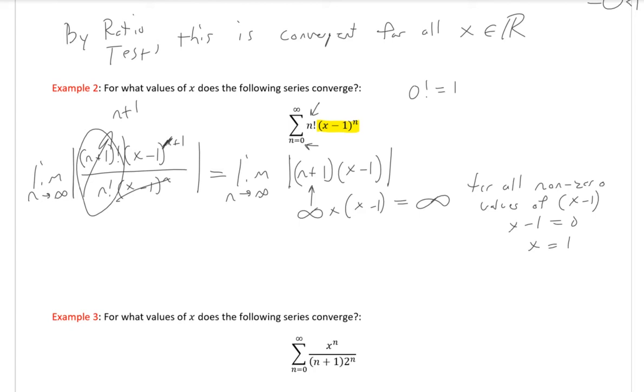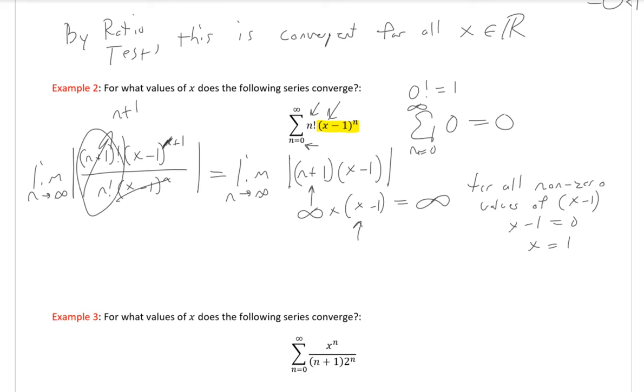And you can even see that looking at the original summation. If x is 1 here, this is the sum of 0 as n goes from 0 to infinity, which is going to equal 0. That's convergent. But that's the only value. If x is any other number, this is going to go to infinity.